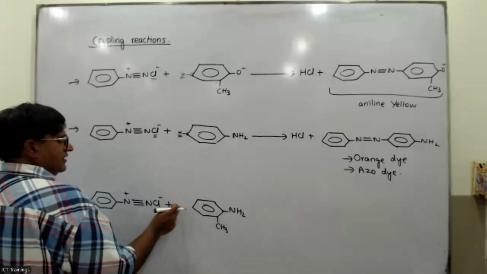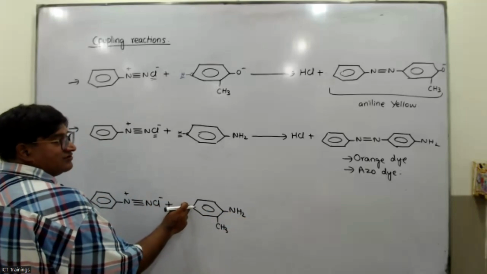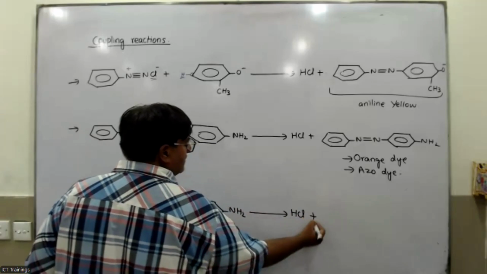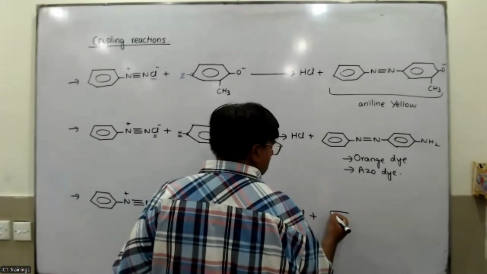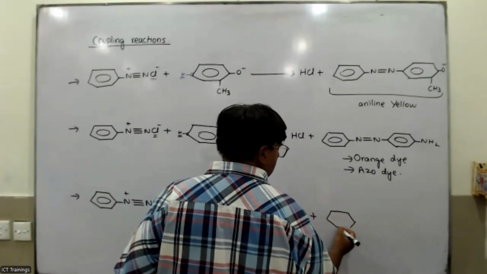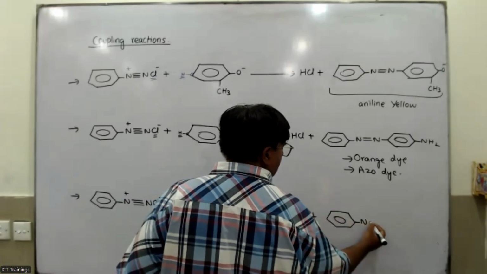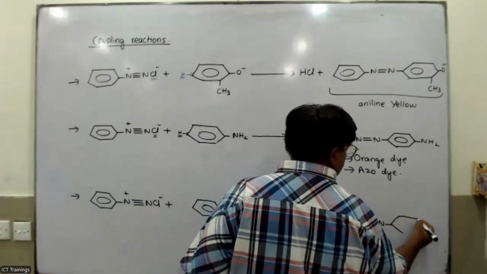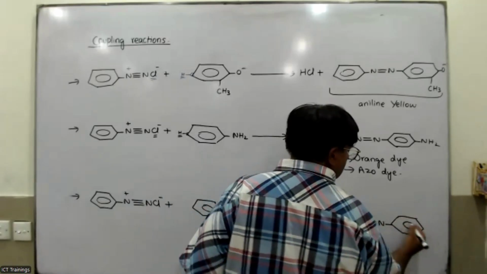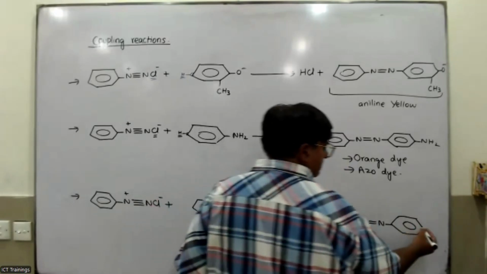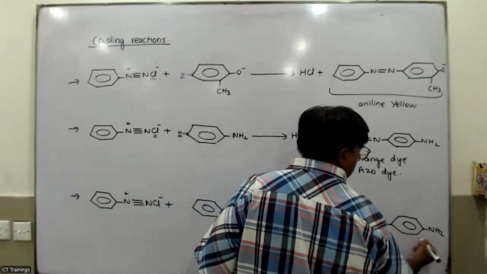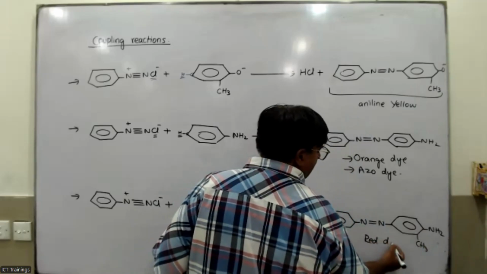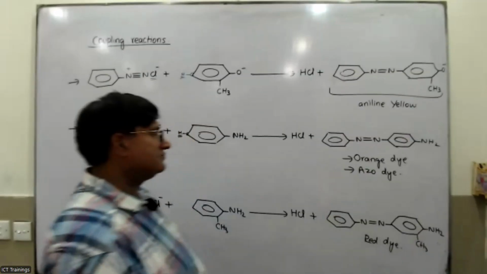Again, this Cl would join with the hydrogen of this corner, so it is going to form HCl and join the rest of the things. Benzene, N double bond N, benzene, NH2 and CH3. So this one is called the red dye.